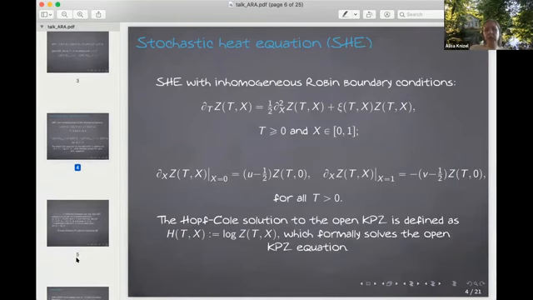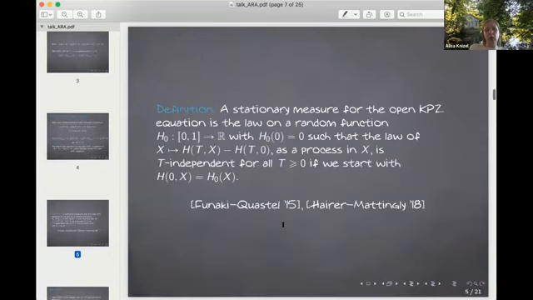And now the type of solution that I'm interested in is the stationary one, the one which has the following property. So the stationary measure for the open KPZ equation is the law on the random data. In our case, it will be labeled by the parameters u and v.